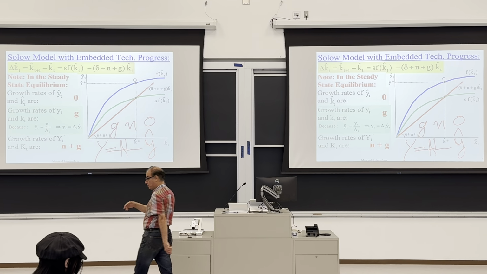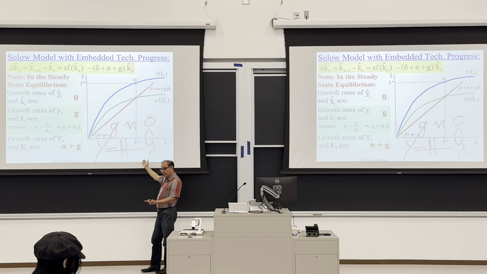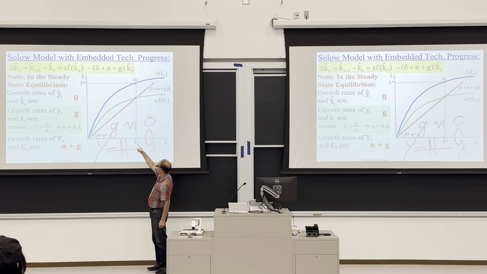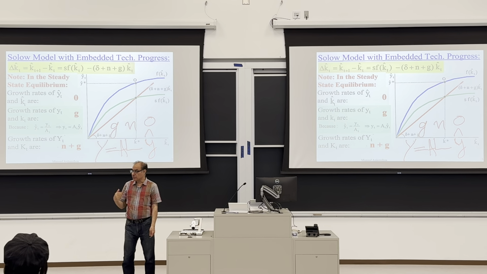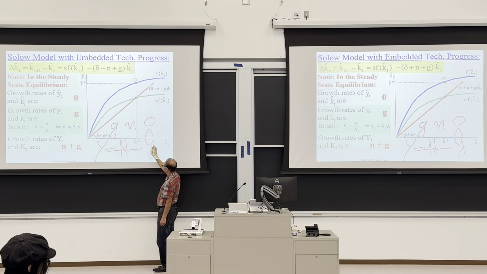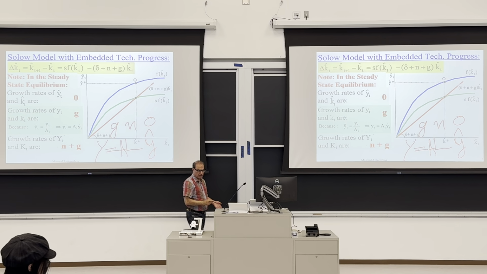If you have a bunch of variables, each with its own growth rate, the multiplication has a growth rate that is, by the way an approximation, the sum of growth rates. You remember, take logarithm, differentiate. So the growth rate of Y would be the growth rate of A plus the growth rate of L plus the growth rate of y hat. Growth rate of y hat is 0, growth rate of L is N, growth rate of A is G. So N plus G.